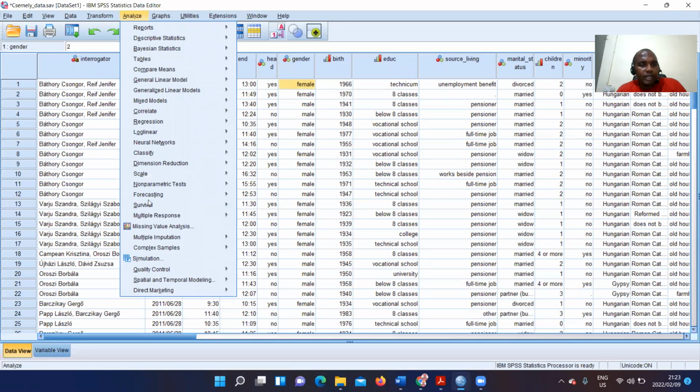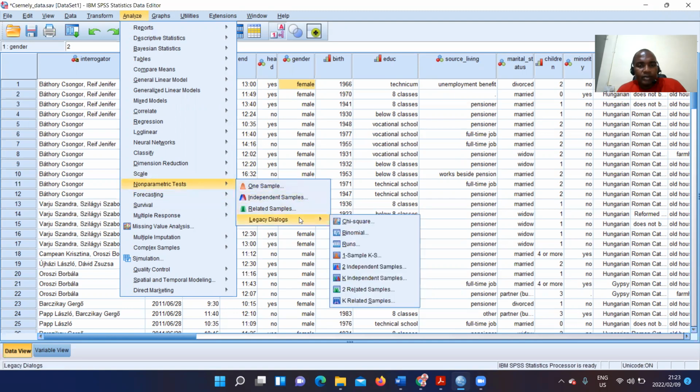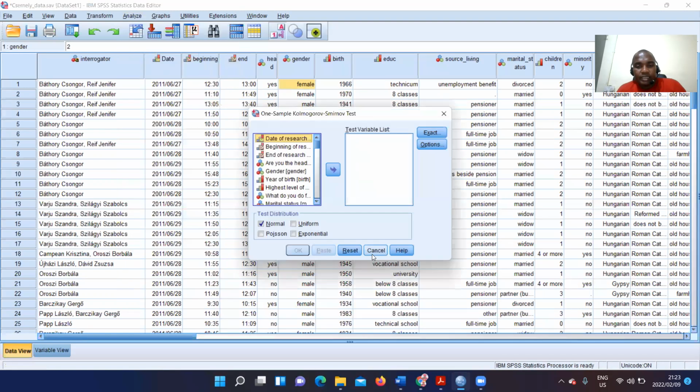So we go to analyze, non-parametric tests. We go to legacy dialogs, and then we go to the one sample Kolmogorov-Smirnov test. KS stands for Kolmogorov-Smirnov test.